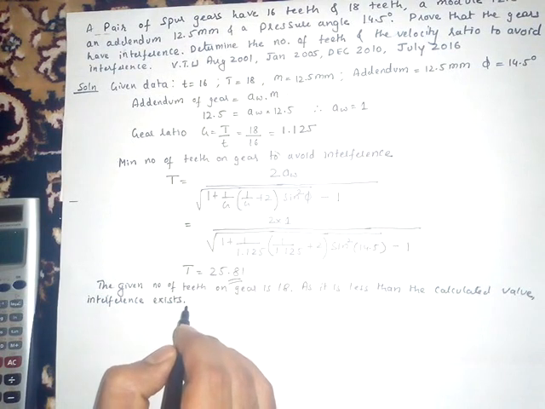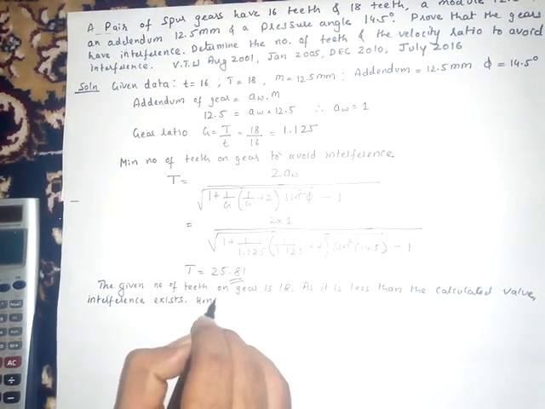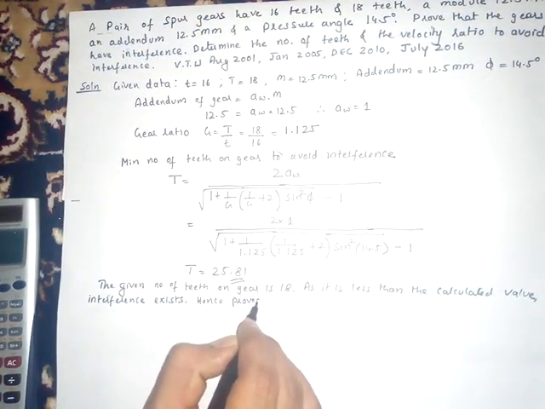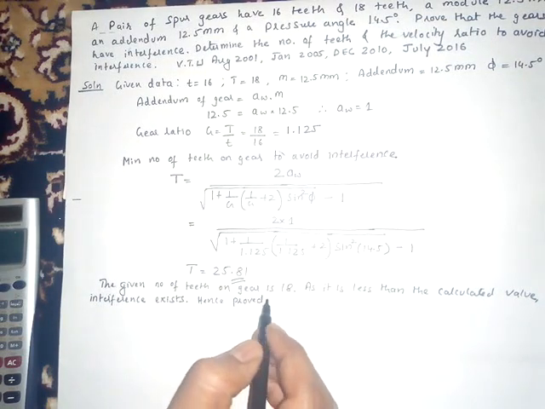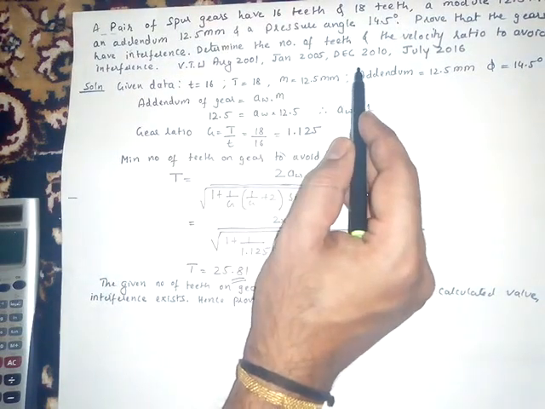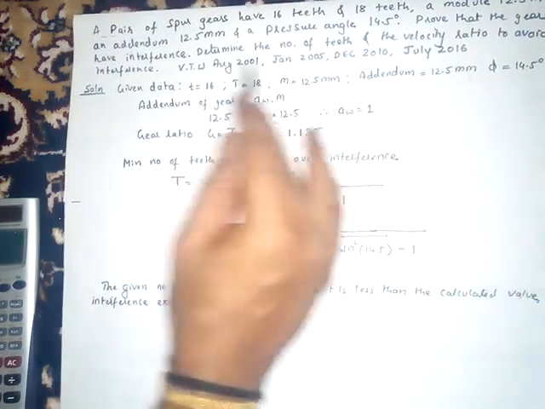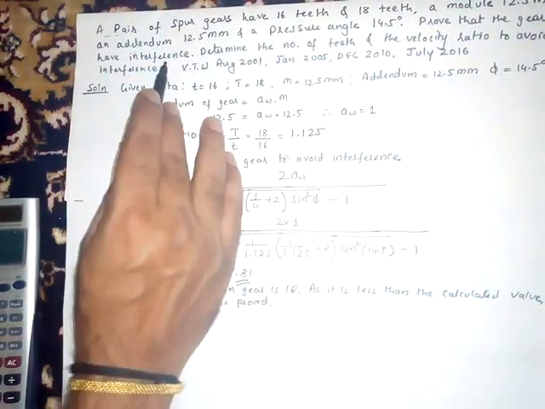So hence proved. So this is the first part of the numerical. Prove that the gears have interference.